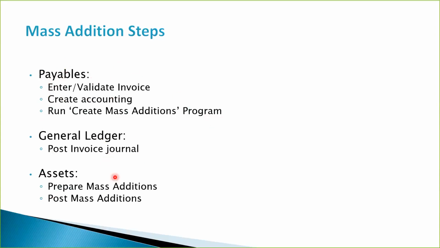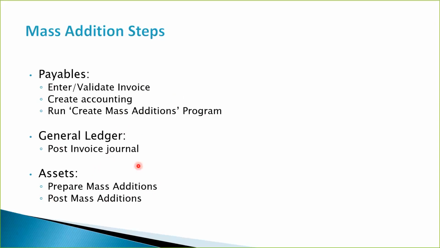Then after that, we'll go to fixed assets, where we'll prepare mass additions, where you can add more information about the asset. Okay. When you go to this page, you will find the mass additions that have been created from running this program based on the invoices that have what? That have those asset clearing accounts in the distribution.